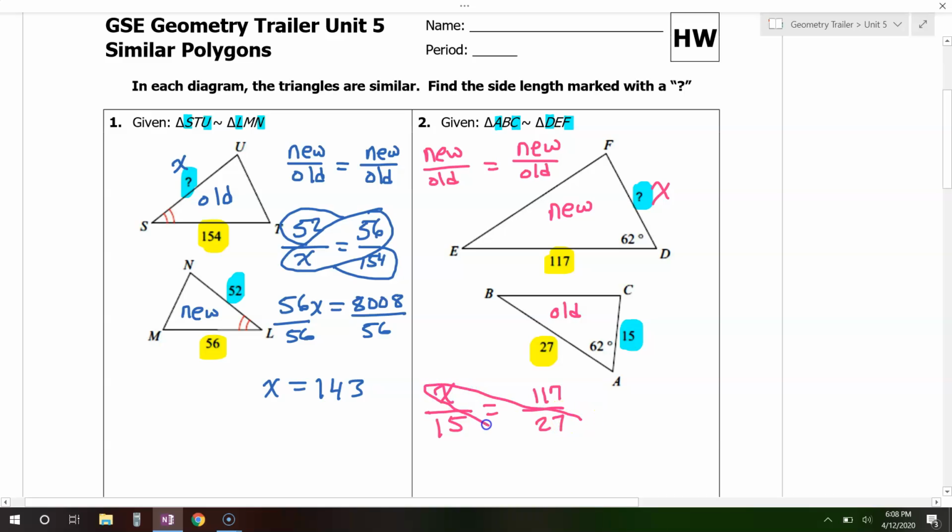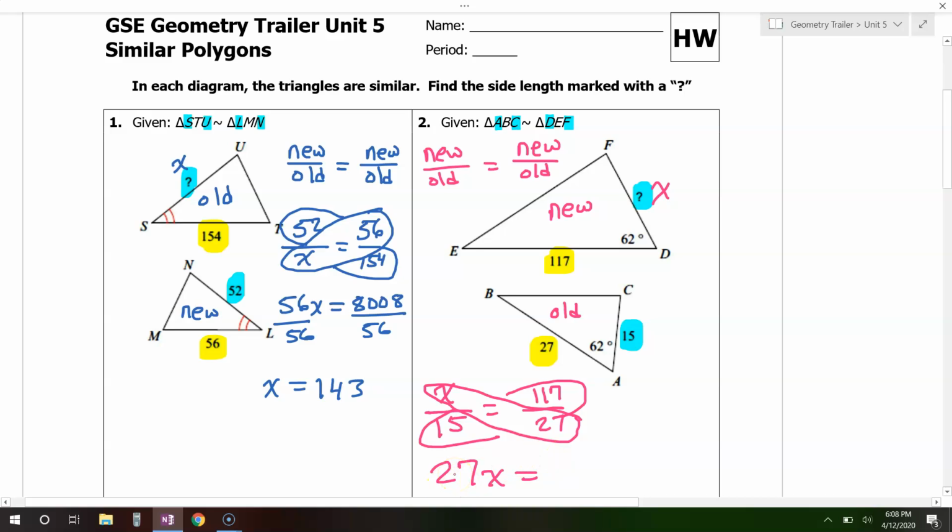So we can make a new equation by multiplying these. So that'll be 27x. And then we will multiply these. All right, 15 times 117.